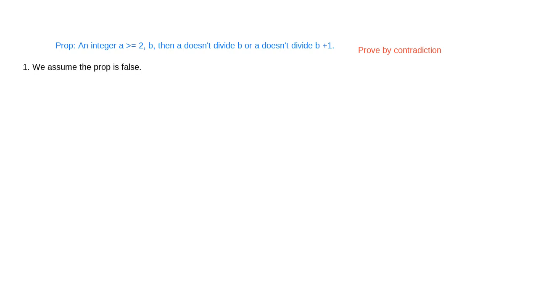What does this mean? How do we assume the proposition is false? So basically we negate, right?